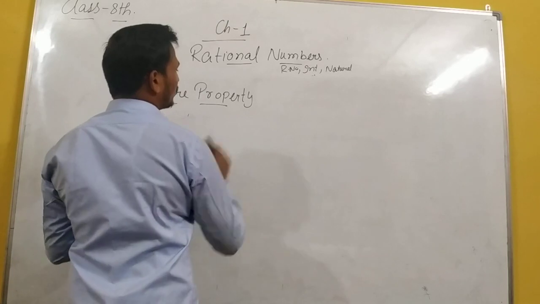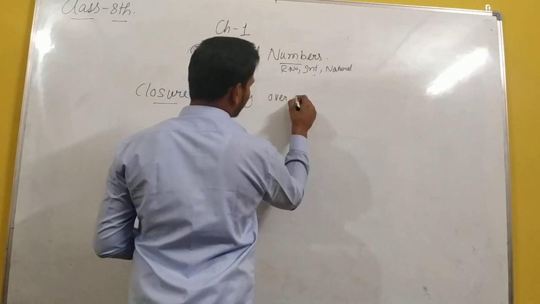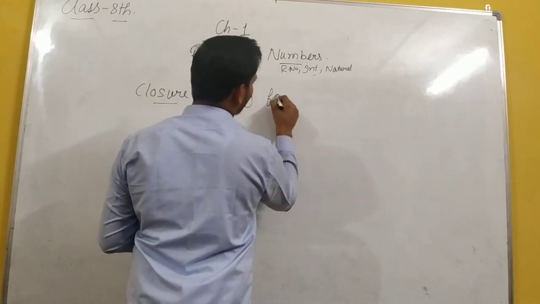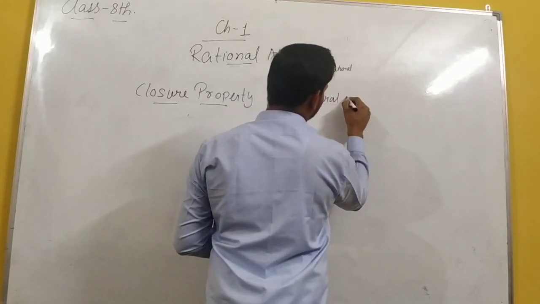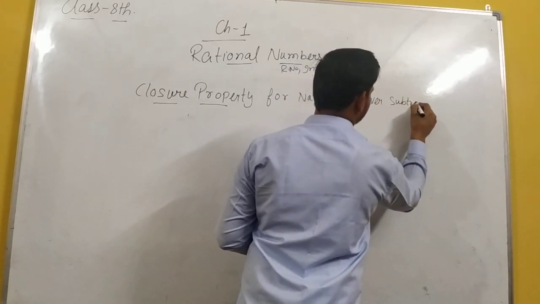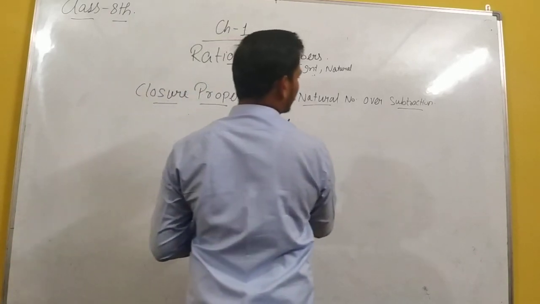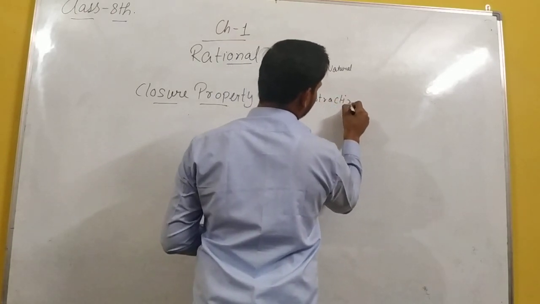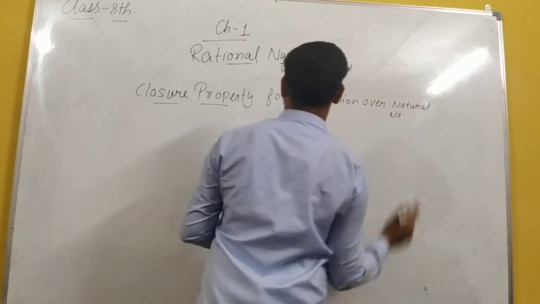Again, let's start. Closure property for subtraction over natural numbers.